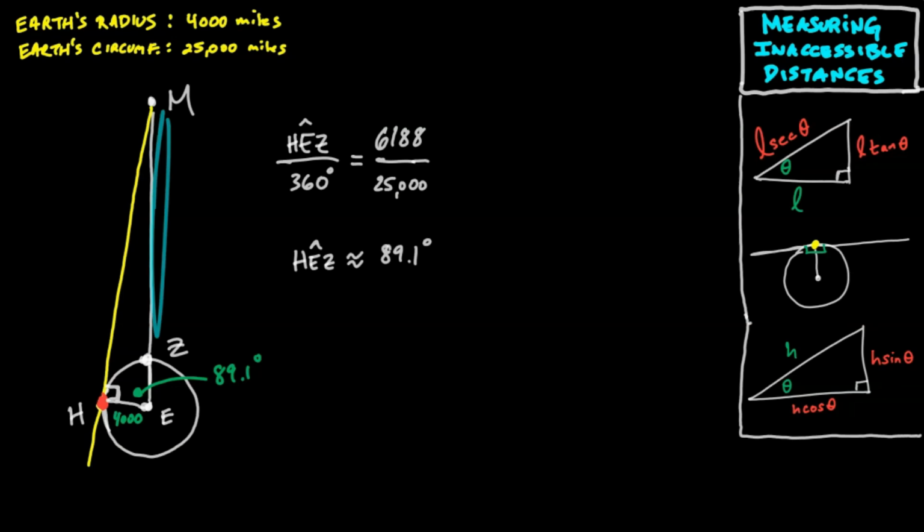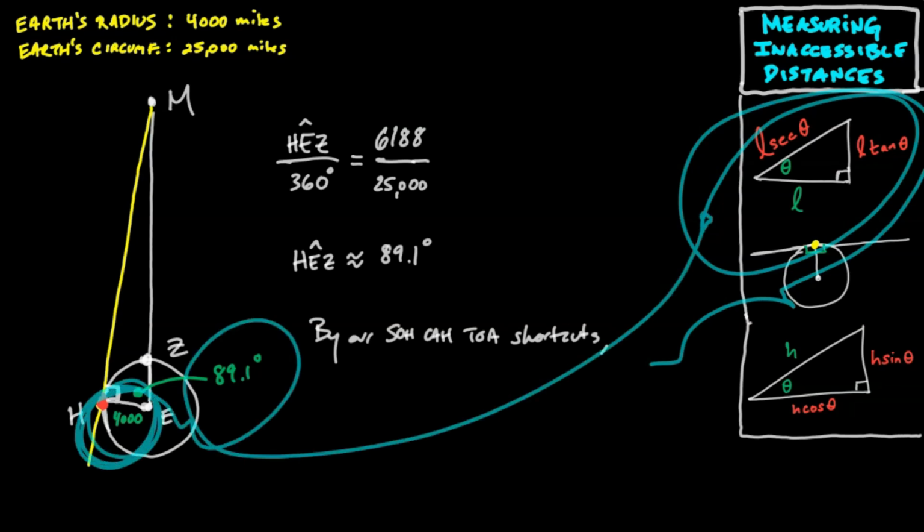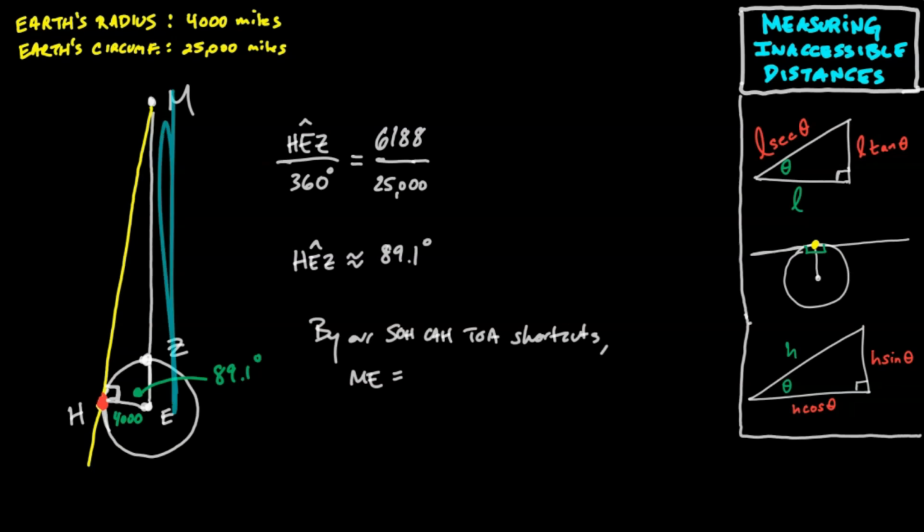We wanted MZ, which is just ME minus a radius of the Earth. So we can immediately observe that by our SOH CAH TOA shortcuts, and it is the more obscure one that applies here, since we know an acute angle and a leg of the triangle, not the hypotenuse. Anyway, using that shortcut, we know that ME, the hypotenuse, will be the leg times the secant of that angle: 4,000 secant 89.1.